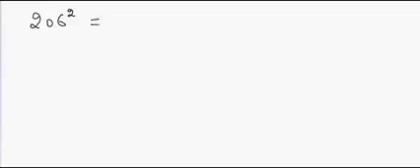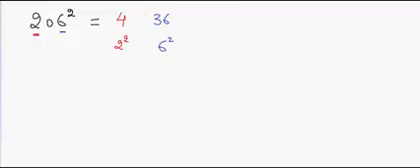In that case, first I'll look at the first digit and I will take a square of that digit. So 2 square is 4. Then I'll take the last digit and I'll take a square of that digit. So square of 6 is 36, right?